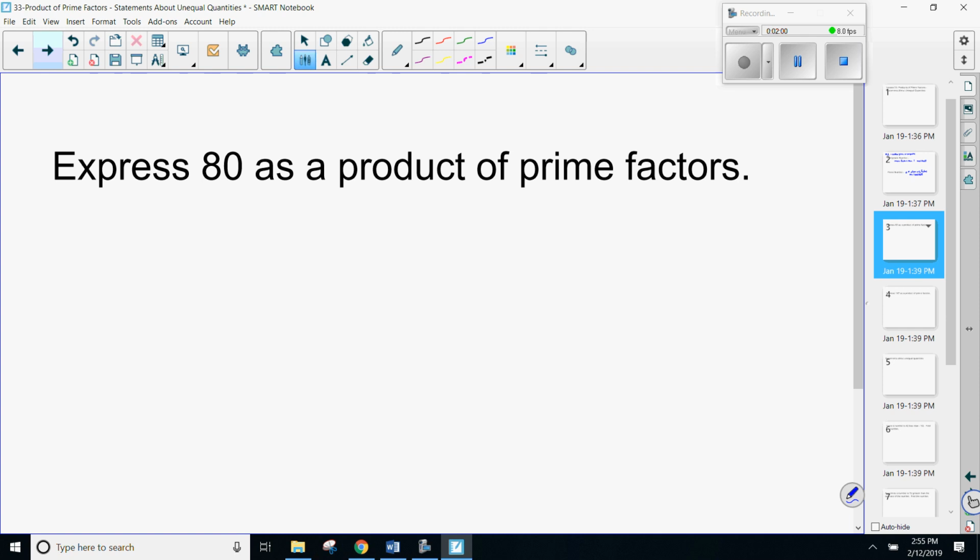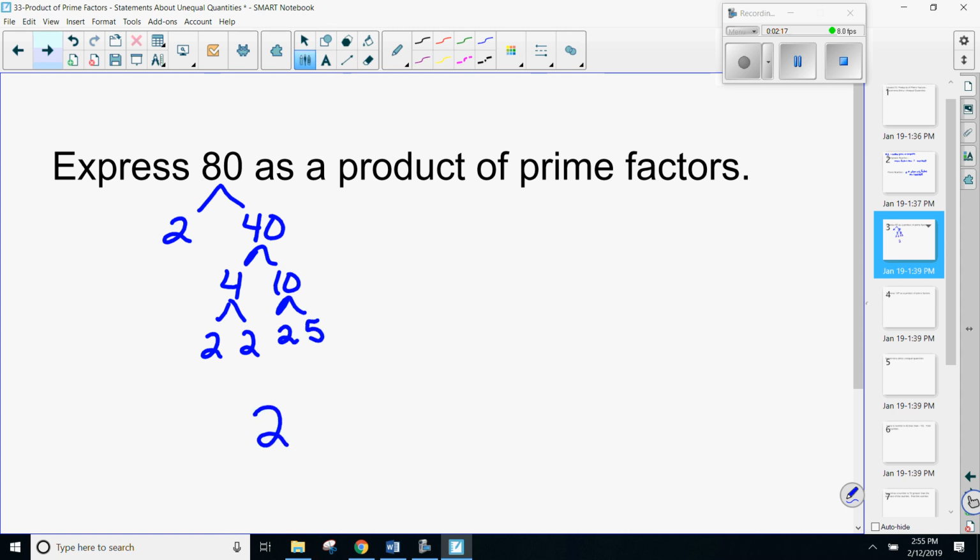I am guessing most of you did the prime factorization trick. You could do 2 and 40. 40 is 4 and 10. 4 is 2 and 2, and 10 is 2 and 5. So you would probably write your answer as 2 to the 4th times 5.